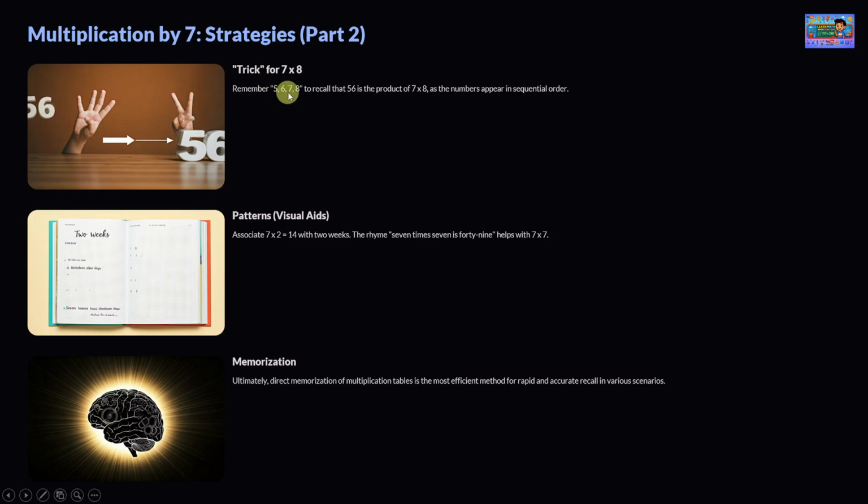This one is 56 and that's an easy one. Also associate 14 with 2 weeks. Then 7 times 7 is 49. Memorization: ultimately, direct memorization of multiplication facts is a more efficient method for rapid and accurate recall in various scenarios.